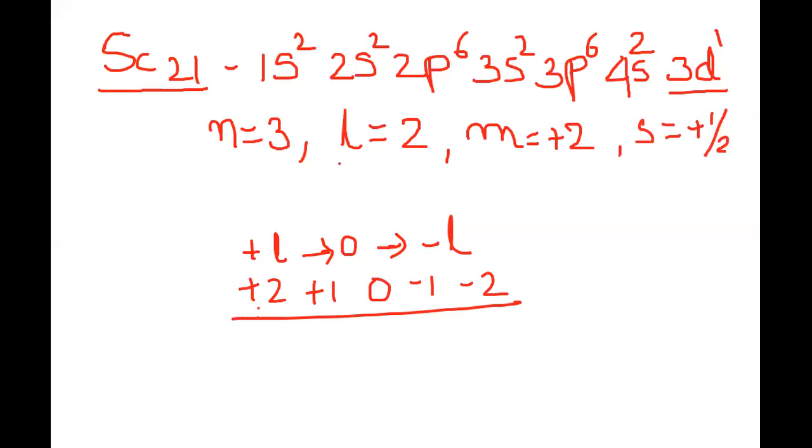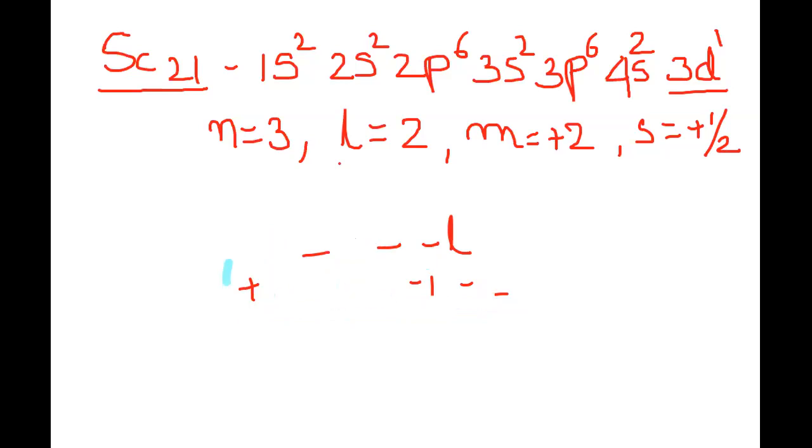Now, if we write the quantum numbers this way, it is always good to counter check whether from the quantum numbers we arrive at the position of the electron. n is equal to 3, so correct. l is equal to 2, that means it is 3d, and since m is plus 2, it is the first one we are considering, so obviously it is going to be 3d1.